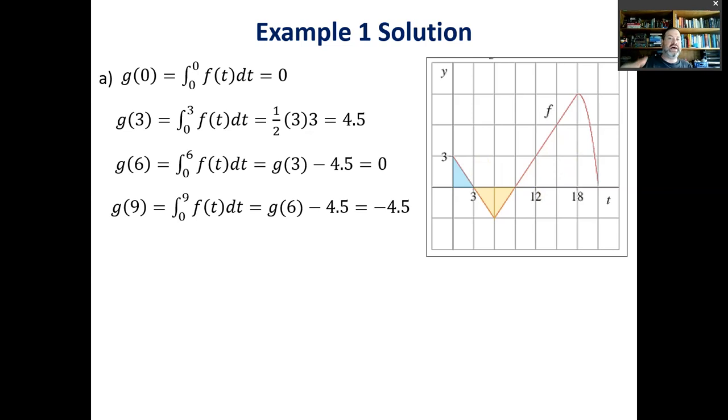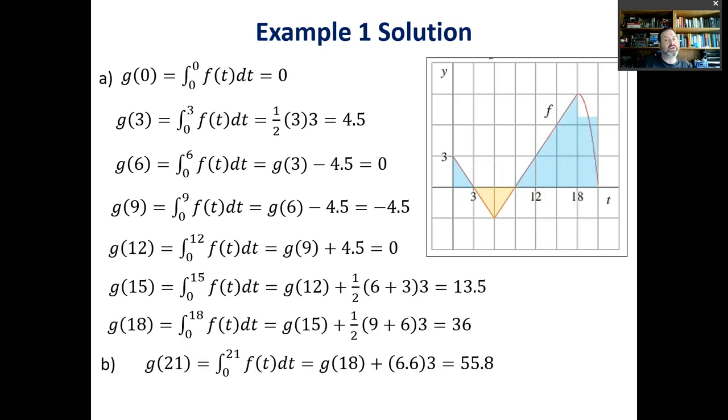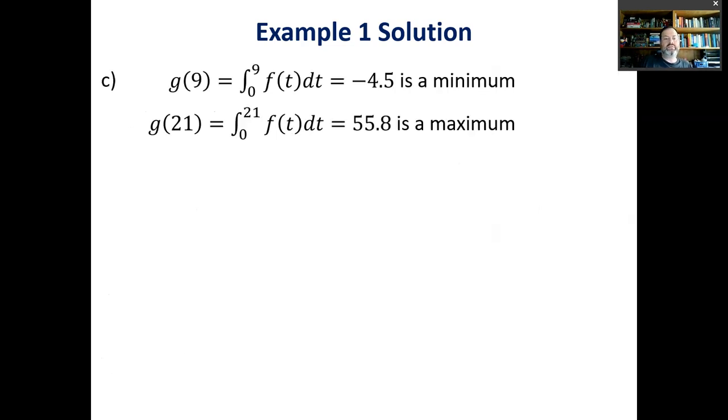So this is the last negative area we added, so that has to be our minimum. And it's always going to work like that. All right, so I went ahead and did that for you. So when x equals 9, we got a minimum. When x was 21, we got a maximum.